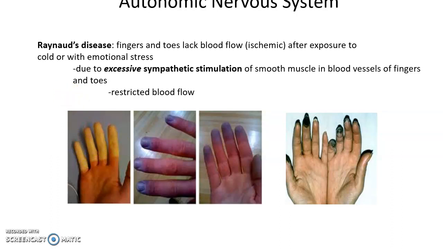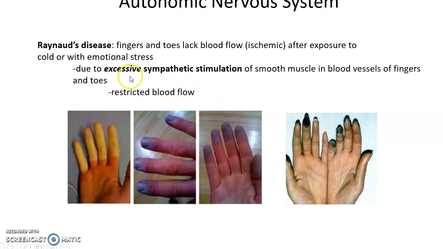Some people who have this disorder, all they have to do is reach into the refrigerator to grab something, and it will trigger shutting down blood flow to, say, their hand and its fingers. And as you can see, it can lead to shutting off blood flow, causing a lighter color to the skin. It could lead to a bluish color in the ends of the fingers.